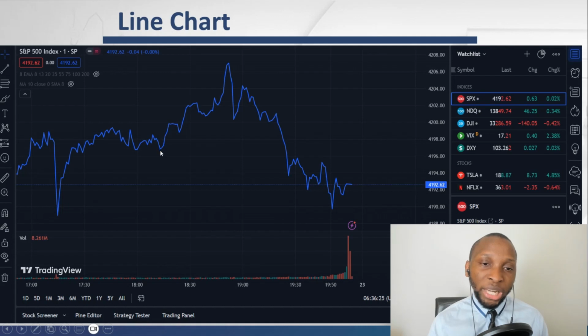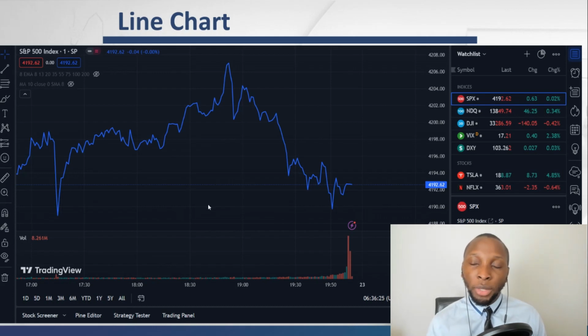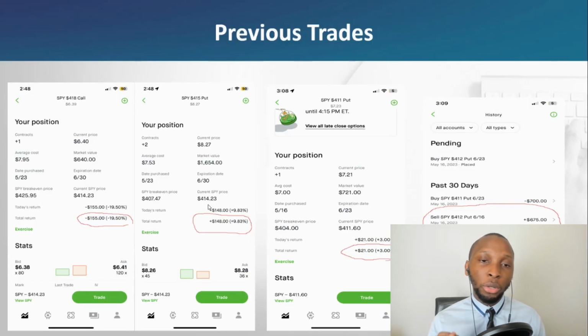With those two, you can determine, okay, this is a price increase. The other disadvantage of a line chart is that it only shows you the closing price. Whether you want to see after every minute or every day or whatever it is, it only shows you what the final price was after that time interval, and that's it.